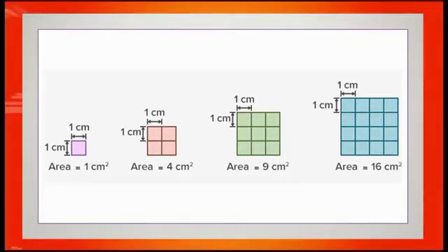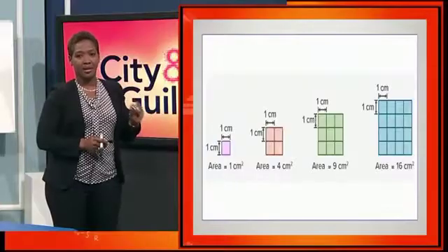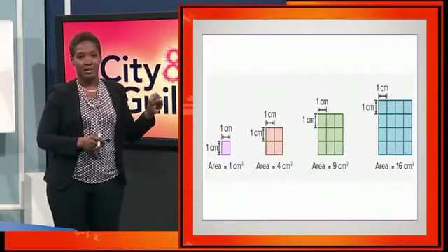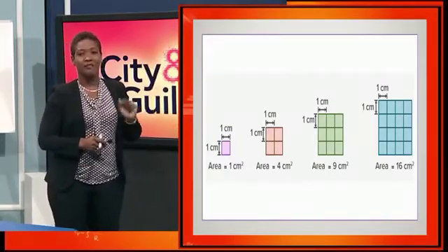This square has the sides measuring 2 centimeters. Now this 2 centimeter square, the area is 4 square centimeters. That means on that square, you would have 4 squares covering it. So you'd have 4 square centimeters covering the area of that shape.